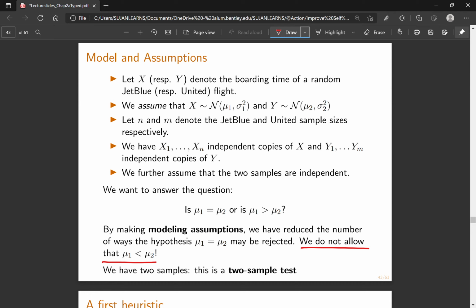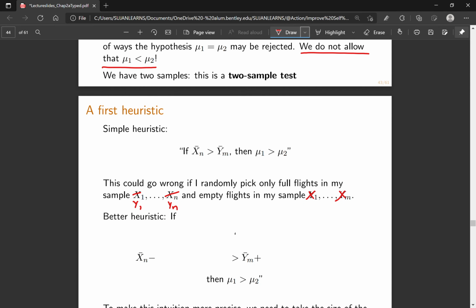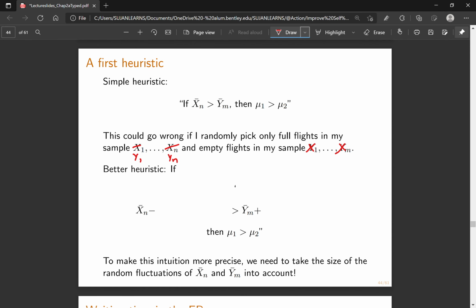Now let's focus on today's topic. We'll discuss a heuristic for doing hypothesis testing.